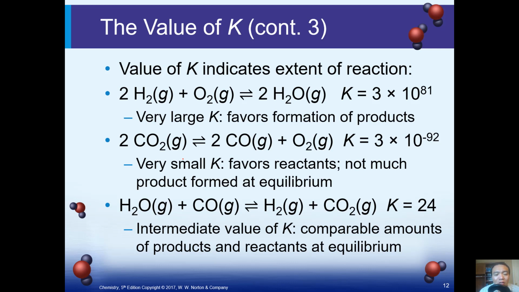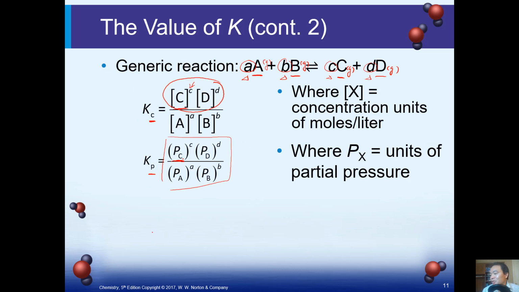Rather, because the equilibrium constant is based on the products over the reactants, a larger K just means at equilibrium you have way more products than the reactants.